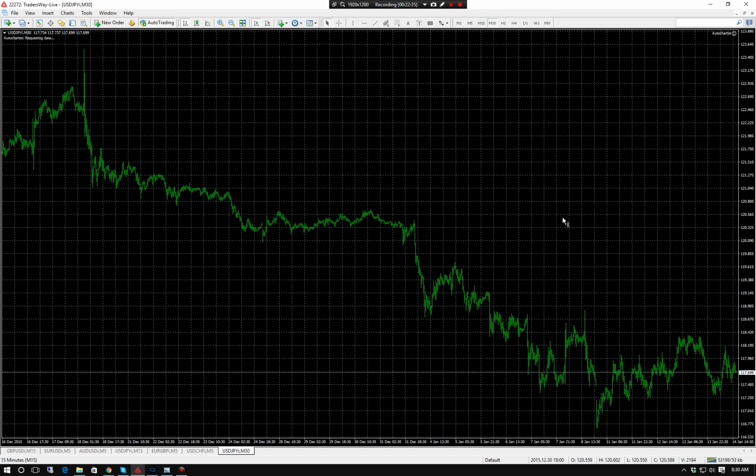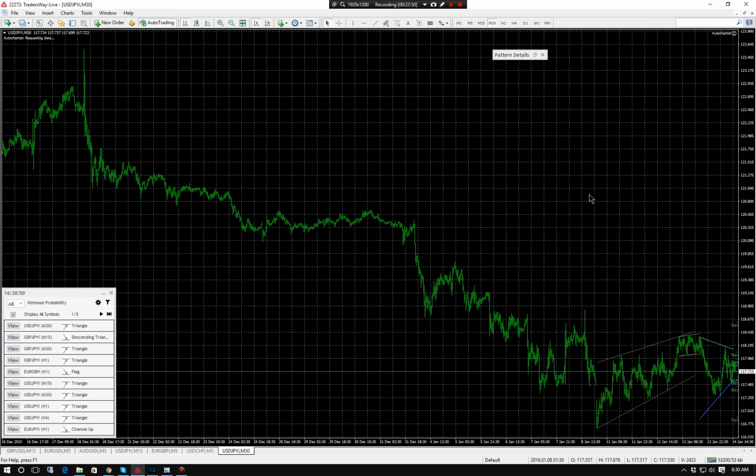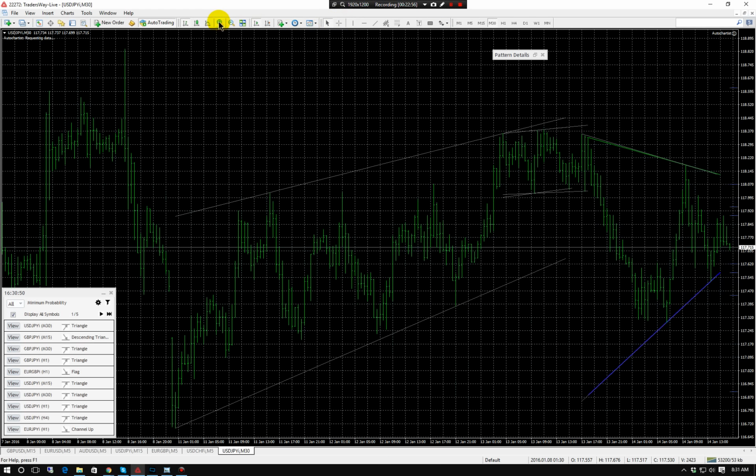Now again, what I don't like is the lack of filtering available. You can't filter pairs, you can't filter time frames. So let's say you want to use this for binary options, middle term expiries, like a 15, 30 minute or 1 hour expiry. It sucks, to be honest. Let's zoom in a bit and put the chart shift on and we'll take a look at what it gives us.